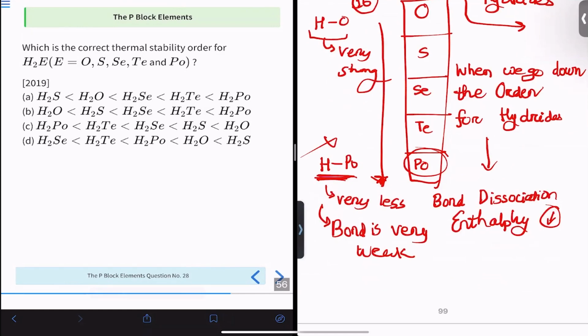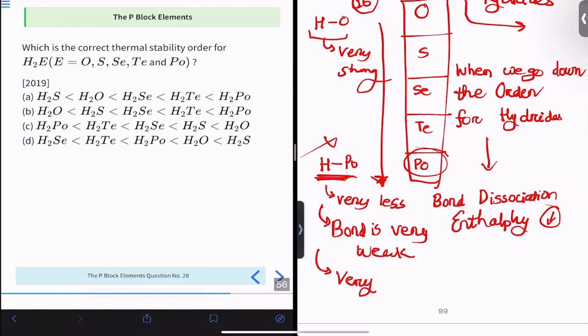You understood why? Because it has very less bond dissociation enthalpy, it has a very weak bond. And since it has a very weak bond, it has very low thermal stability. Only a slight amount of heat can break the bond.